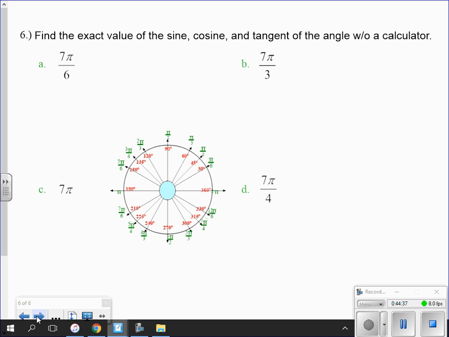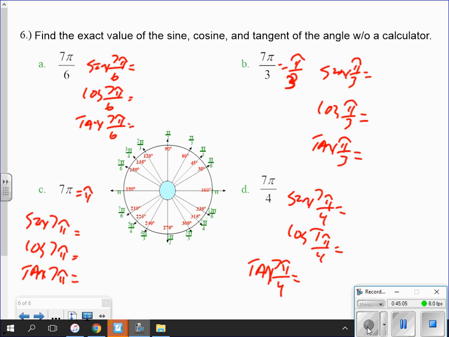Some of these, you have to find the coterminal angle that they will match up with to get your sine, cosine, and tangent values. So using your unit circle, go through, find the sine, cosine, and tangent of every one of these.